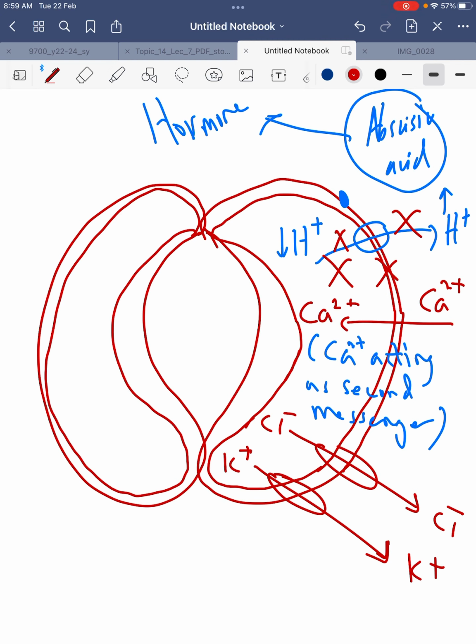This calcium acting as a second messenger causes other reactions, such as chloride ions and potassium ions leaving the guard cells. So eventually, what will happen inside here? The guard cells will have low solute concentration, and of course high water potential. So water will leave.